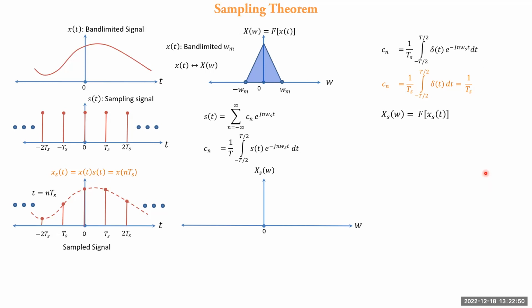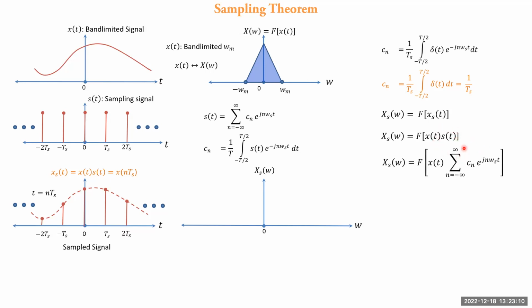Now once we have the value for Cn, we can compute the Fourier transform of the sampled version of the signal as Xs(omega) equal to the Fourier transform of xs(t), that is the Fourier transform of x(t) times s(t).